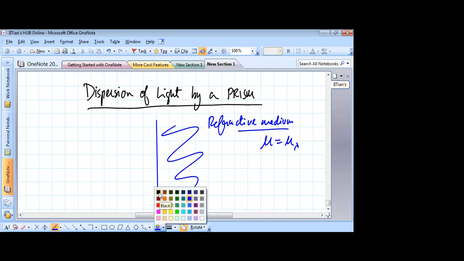So what happens is white light incident, it splits into colors.